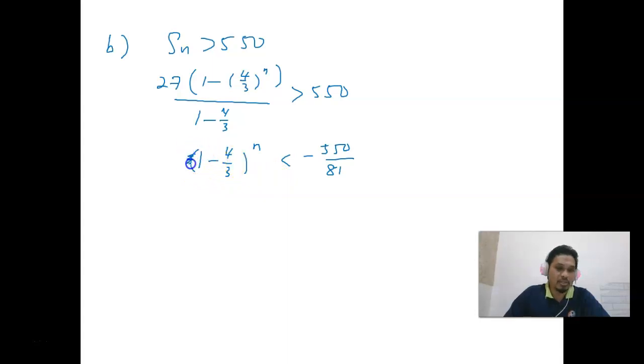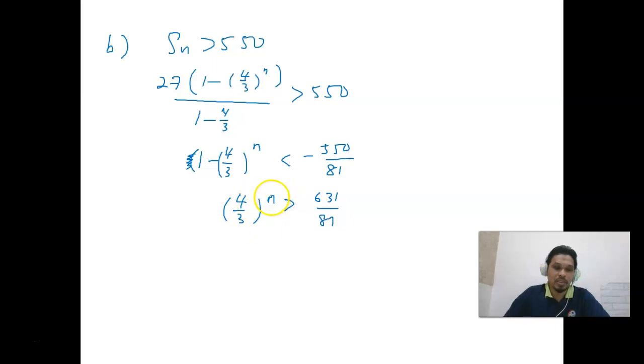Then 4 over 3 to the power of n gives you 631 divided by 81.